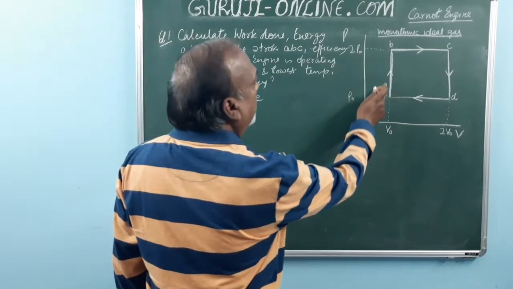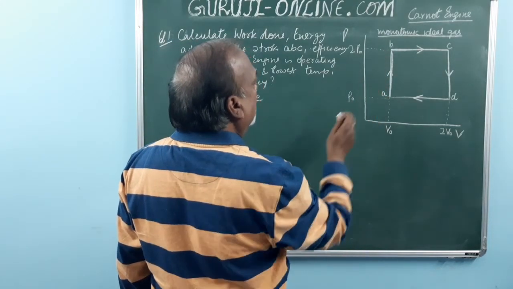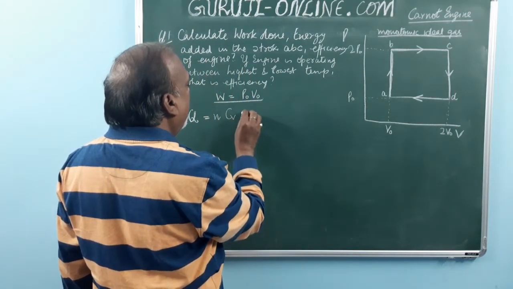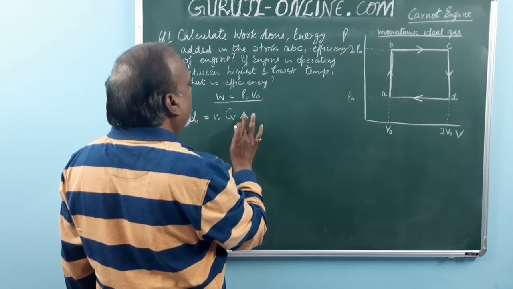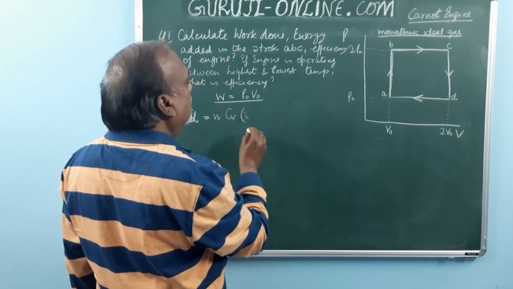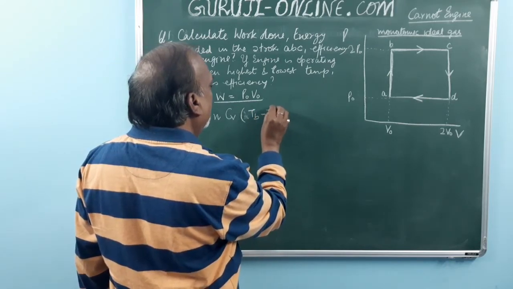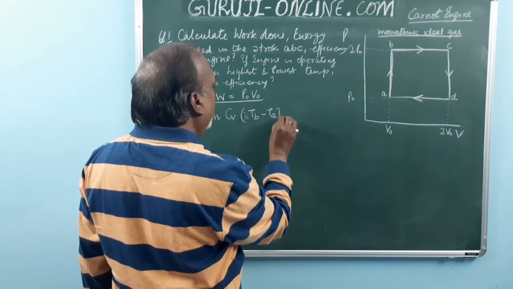During this AB process, it is at constant volume, delta T, or we can write it as TB minus TA.